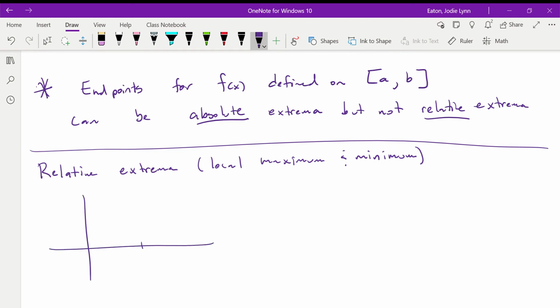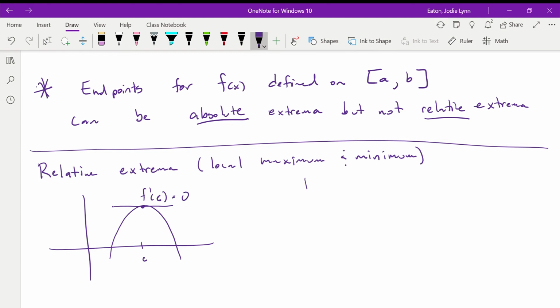So we have a c. If we have a local extremum, what we'll notice is that we're going from an increasing function to a decreasing function here.